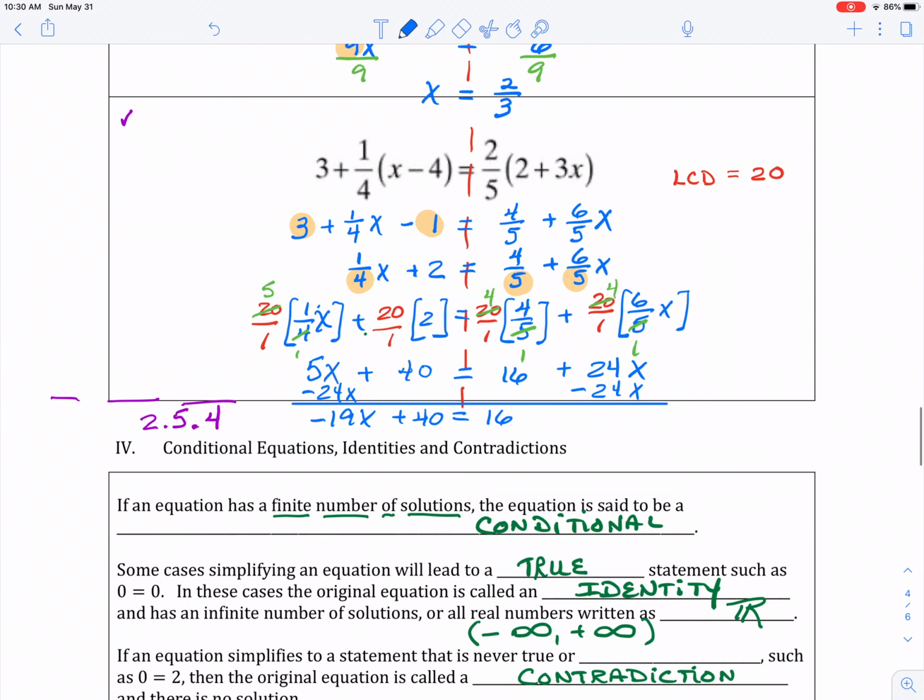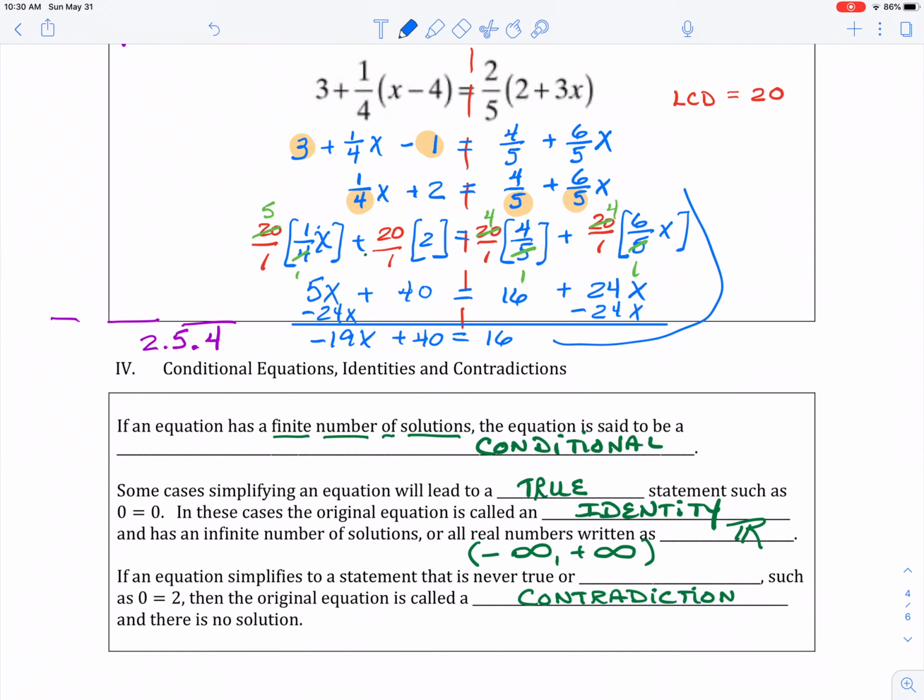I'm going here. Recopy it. And the next thing you're going to see me do is subtract 40 from both sides. And I got to get my arithmetic right. I think that's negative 24.